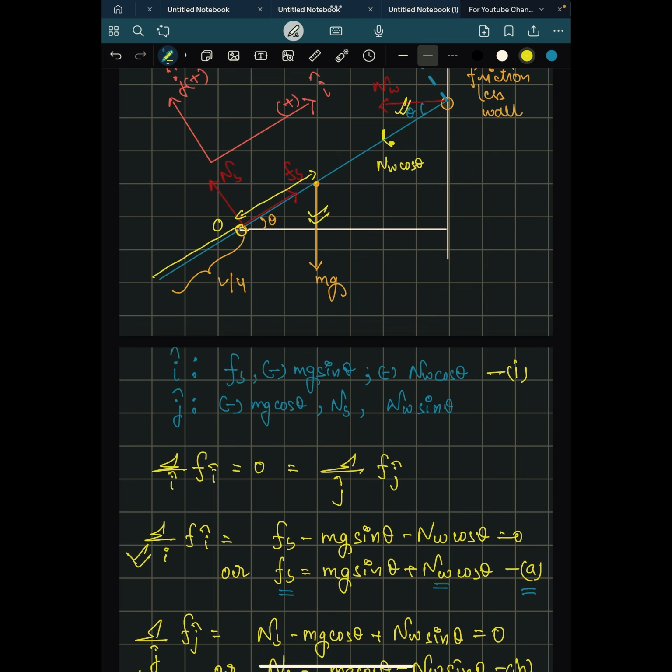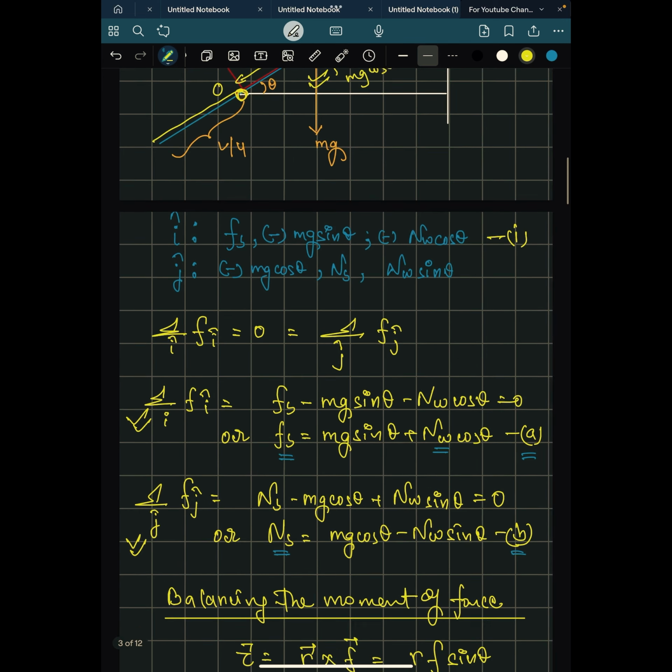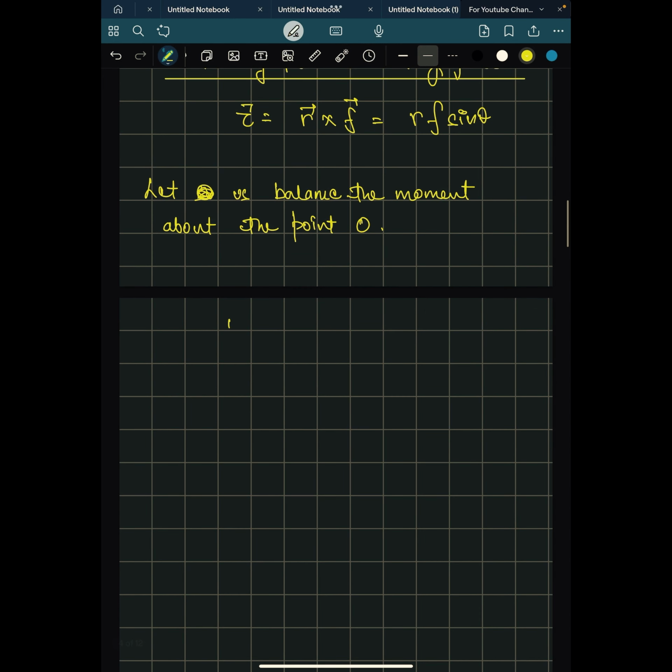And this mg will have this component as mg cos theta, and from this distance of L by 4, the moment is mg cos theta L by 4.